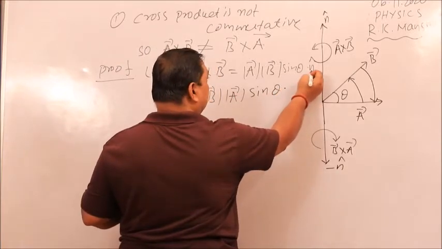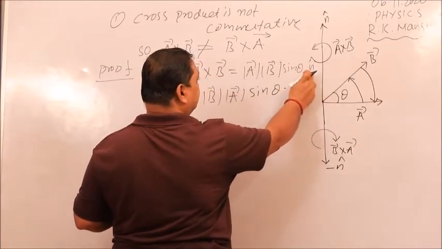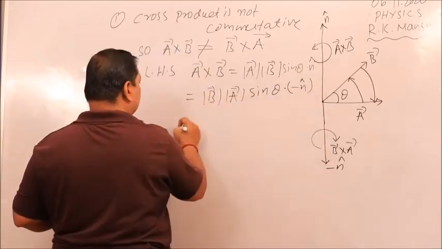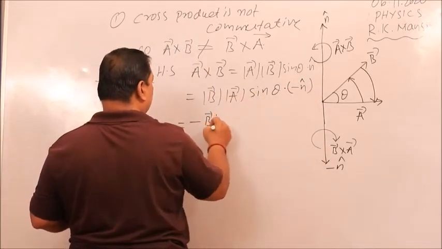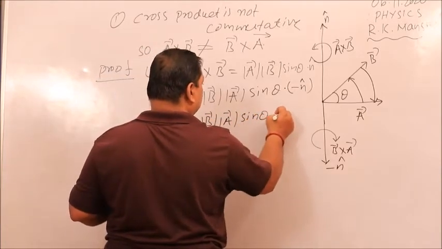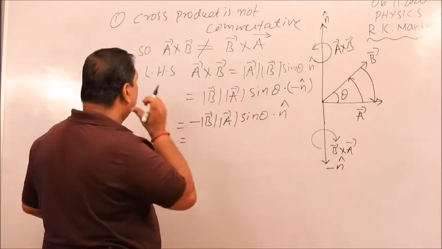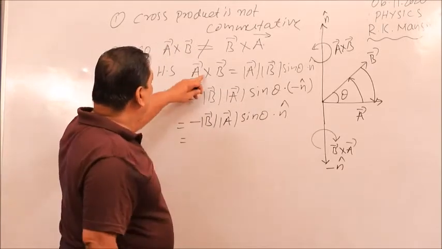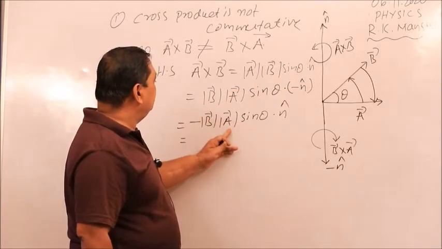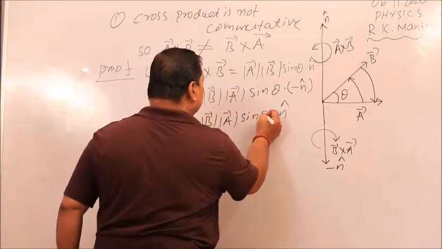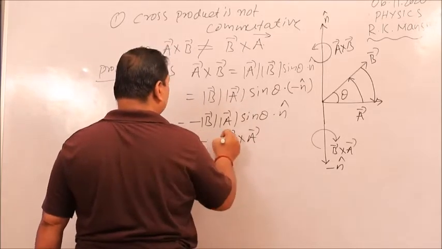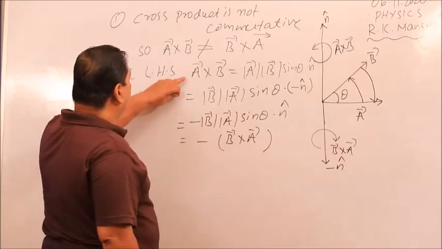But when you change the direction of n cap, that is the negative vector, so minus n cap. So here, minus modulus B modulus A sin theta n cap. Here you see A cross B equal to modulus A modulus B sin theta n cap. So modulus B modulus A sin theta n cap equal to B cross A.